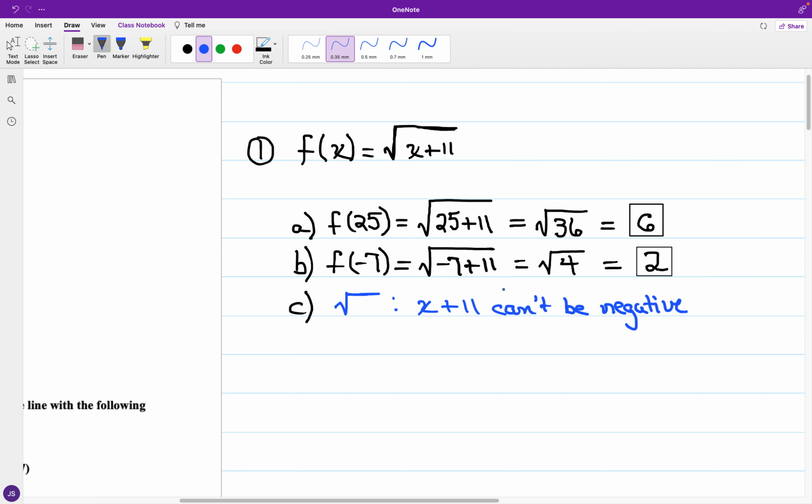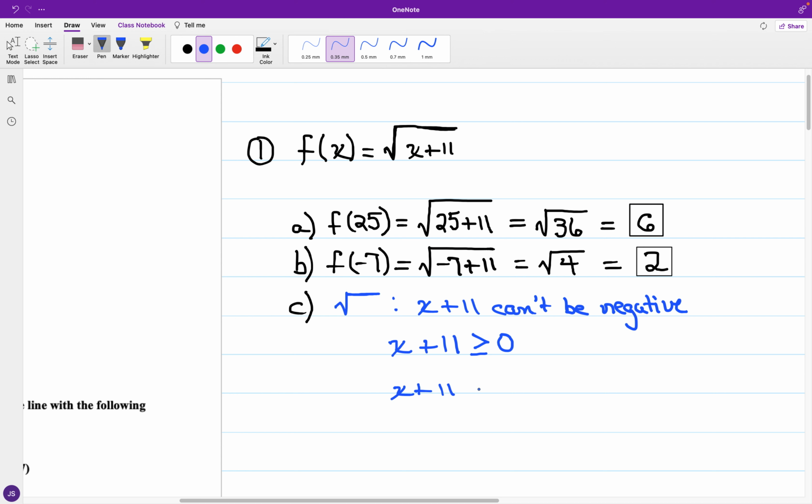Since the radical function is given in direct terms, we can have the square root of 0 as well as the square root of a positive. So x plus 11 could be 0 or positive. To find what set of values will be allowed for x, we ensure that x plus 11 is greater than or equal to 0.